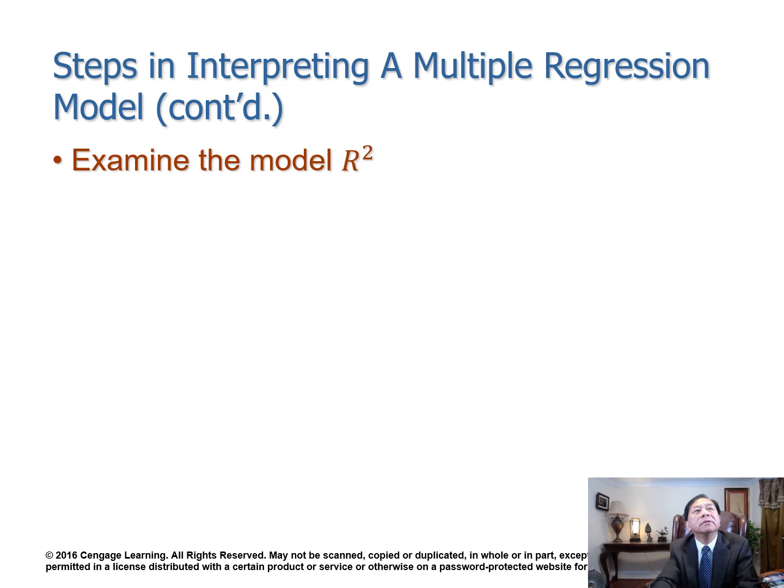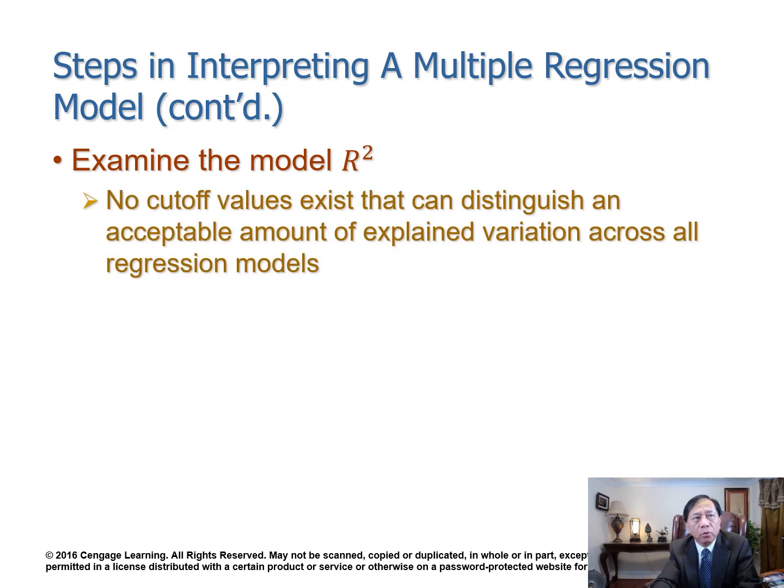Also, in interpreting a multiple regression model, you need to look at the model's R-square. There's no cutoff value that can distinguish an acceptable amount of explained variation across all regression models. R-squared represents the total variation explained by your model.